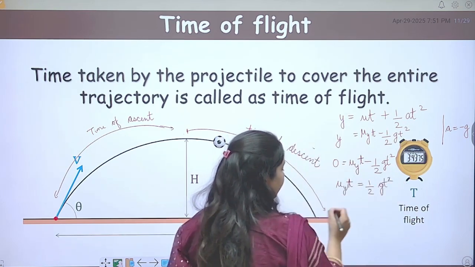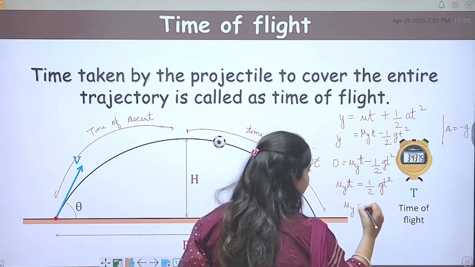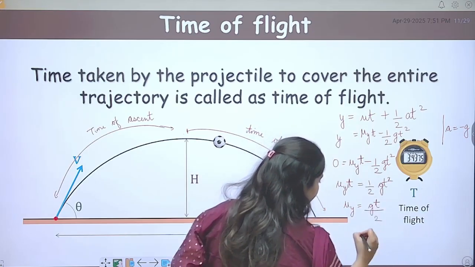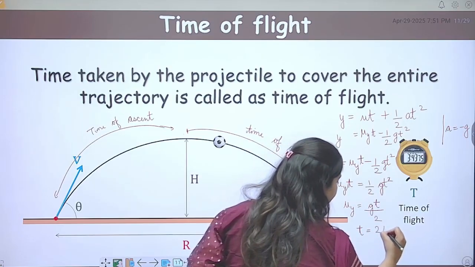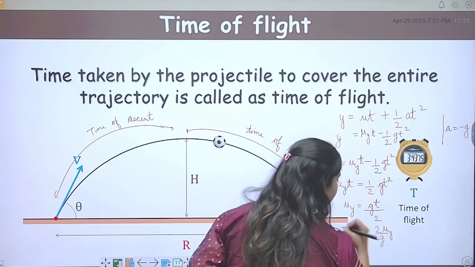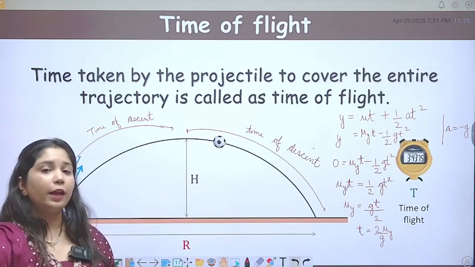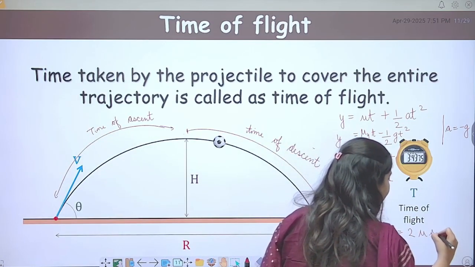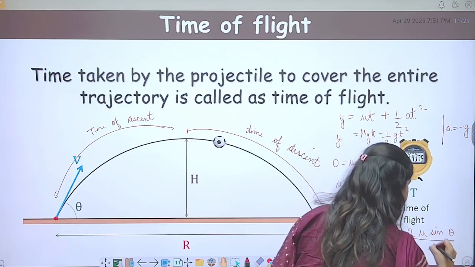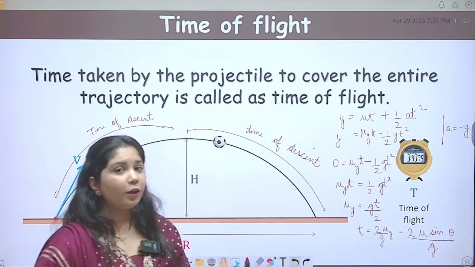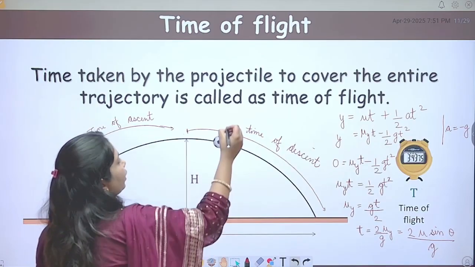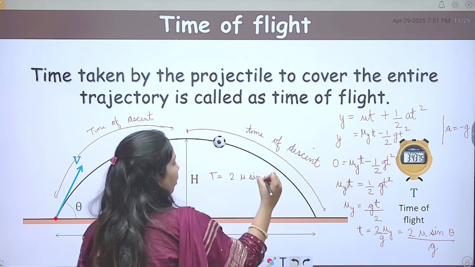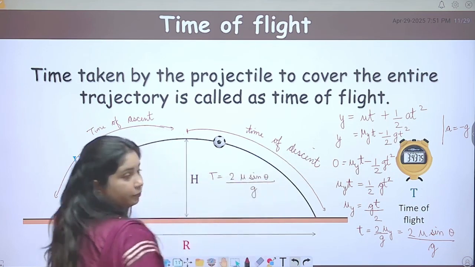One t cancels. So uy is equal to gt by 2. T is equal to 2 uy by g. And what is the y component? That is u sin theta. So 2u sin theta by g. So the formula for the time of flight is t equals 2u sin theta by g.